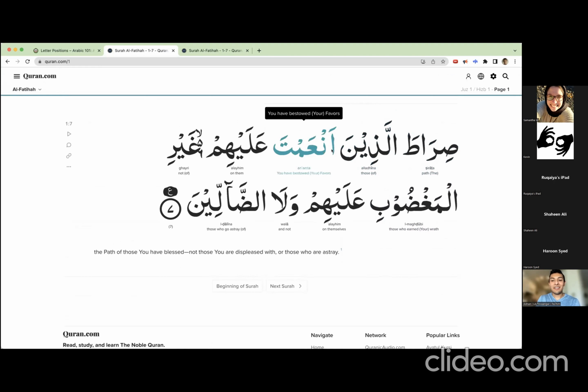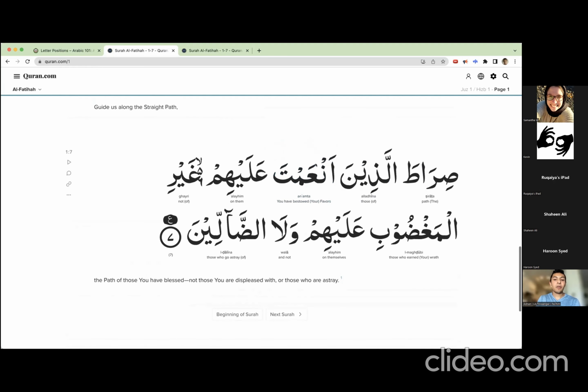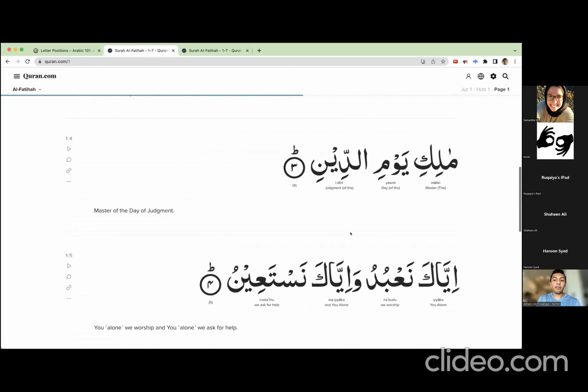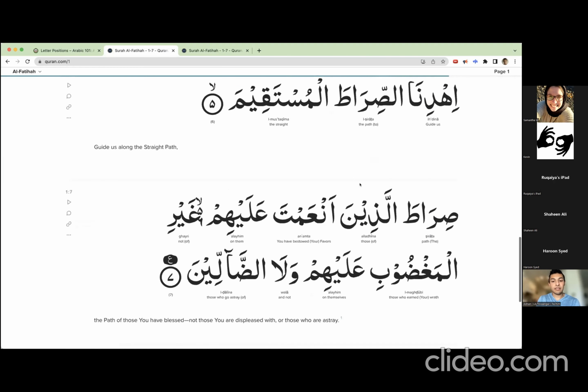And then what is this? This is alif, an, and then noon, an, ain within a word, an'amta. This an'amta is a verb. When we talked about a verb before, na'budu, that was a present tense verb. In present tense verbs, the actor is the first syllable: na'budu, a'budu, ya'budu, ta'budu, those are the ones that change.